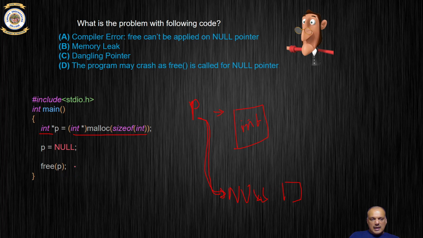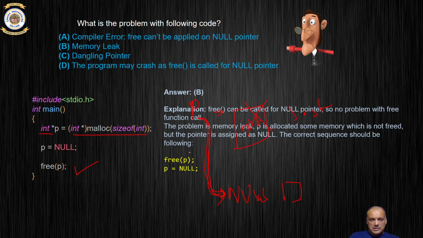So the code is fine, but you have guessed it right: free p is not going to free this memory, because this is lost. The moment you have made this pointer point to some other part of memory, the original memory is lost. This gives rise to the concept of a memory leak.